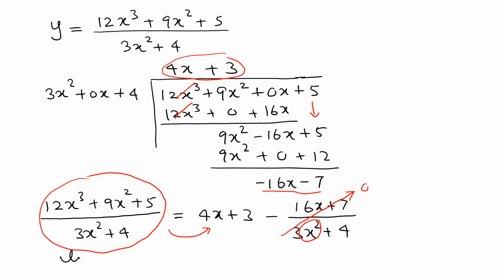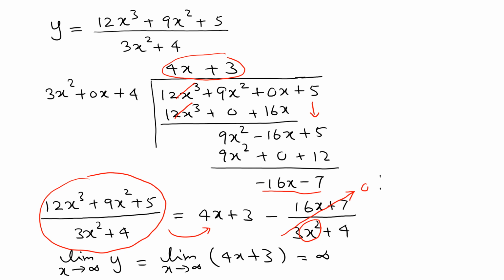The limit as x goes to infinity of y equals the limit as x goes to infinity of 4x plus 3. You can see both are infinity, but even though they are infinity, the two expressions get close.